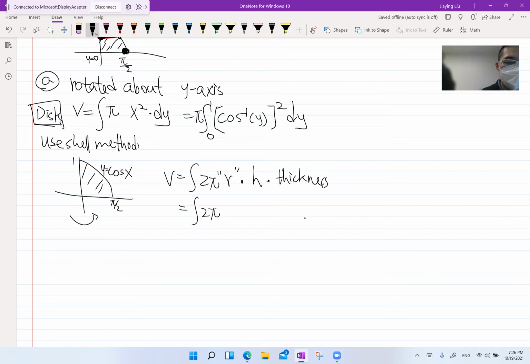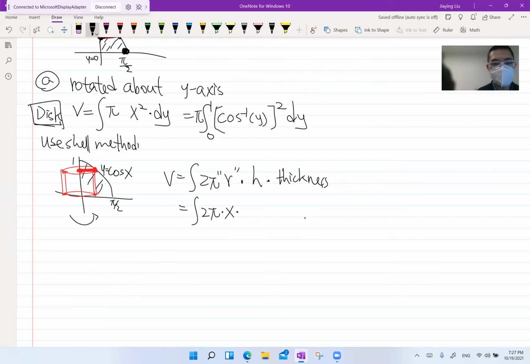Now, what is the radius? Remember, I'm rotating about the y-axis. Imagine this small rectangle when we rotate it about the y-axis; we end up with this cylindrical shell. The radius is the distance from the y-axis all the way to the curve. Again, it's the x value, from x equals 0 to some x value on the curve. So the radius is just x.